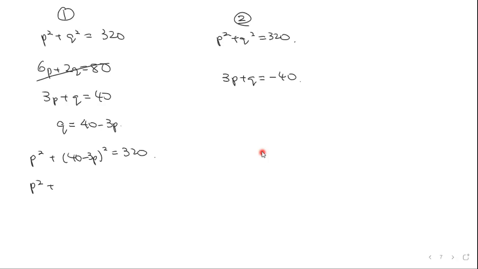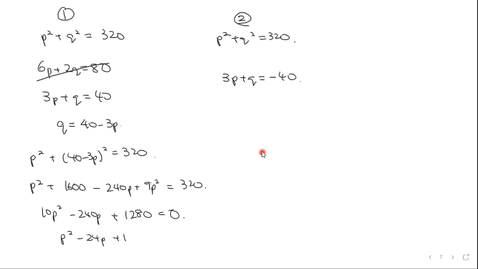And a little bit of algebra work. So hopefully we can factorize this. 16 and 8 look appropriate.